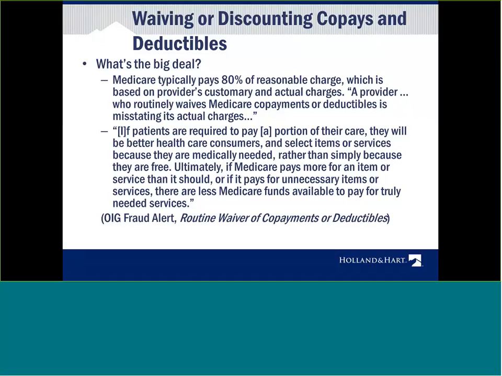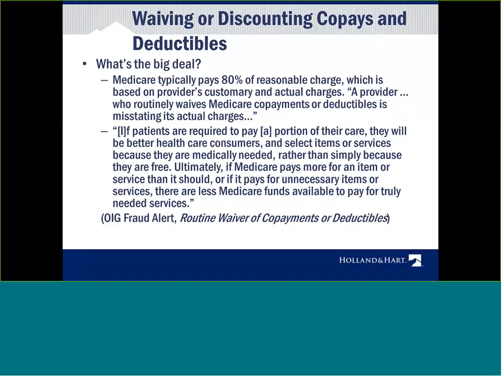So where a provider is actually waiving copays and deductibles on a routine basis, it is potentially not accurately stating, or the government's position is that it's not accurately stating, what its actual charges are if it actually is not charging or would not be collecting the amounts that it's reporting.